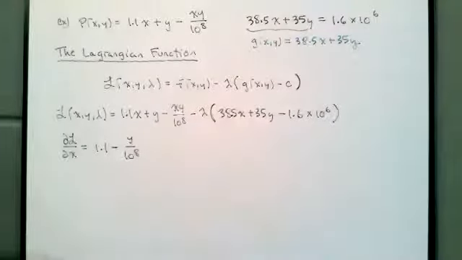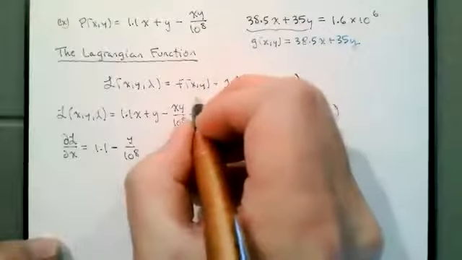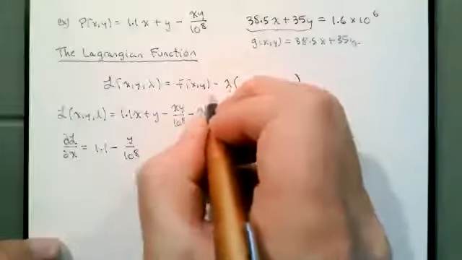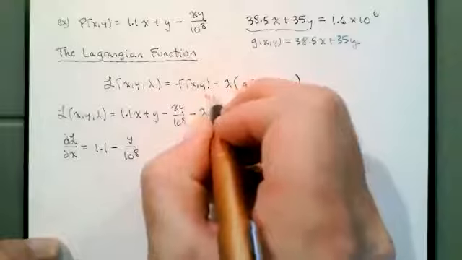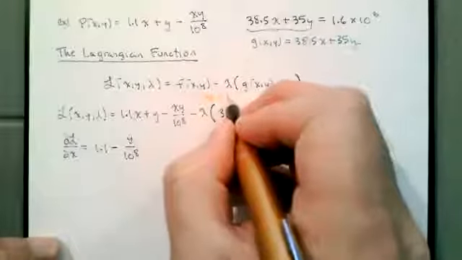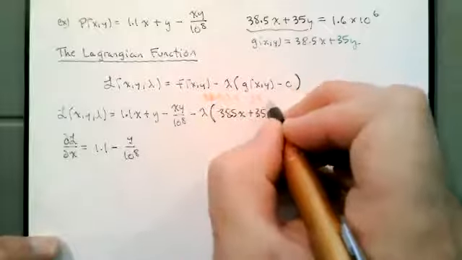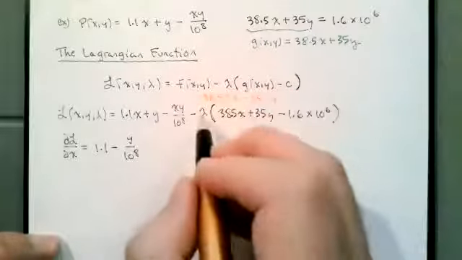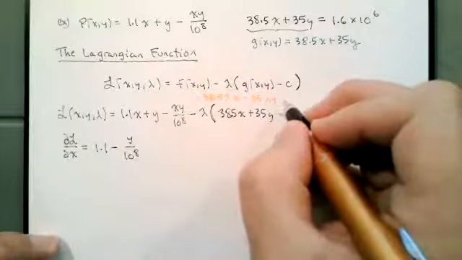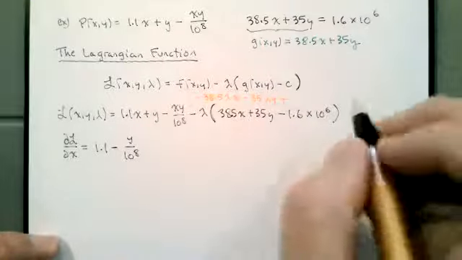I'm going to turn this all into terms. This is all going to be minus 38.5 lambda x minus 35 lambda y. And then minus and minus is going to be plus. We're taking derivatives, so that's not going to make much difference.